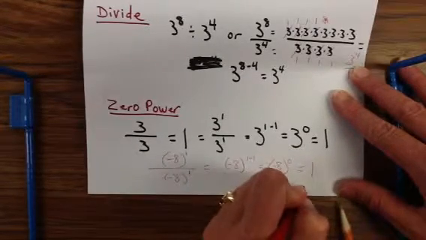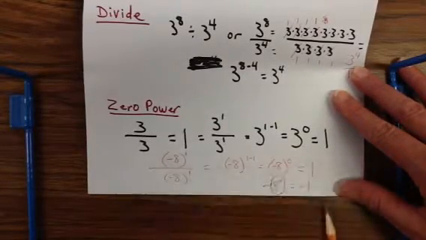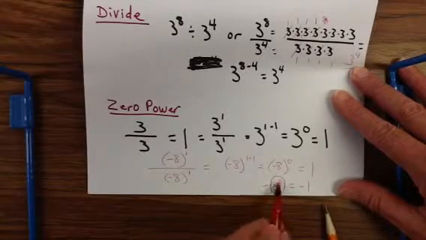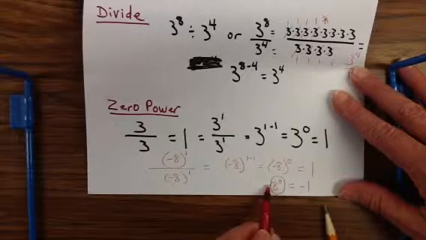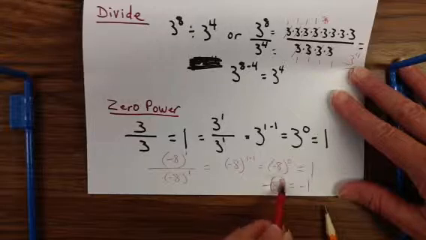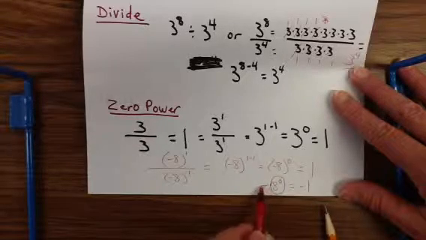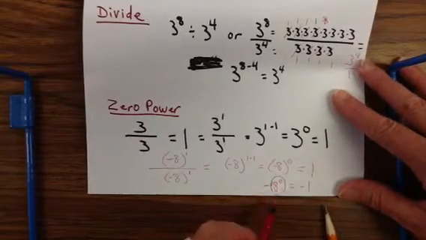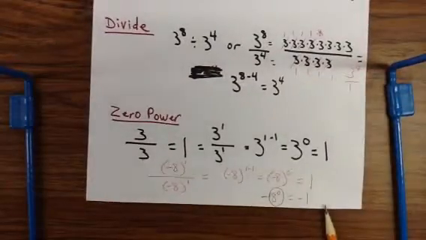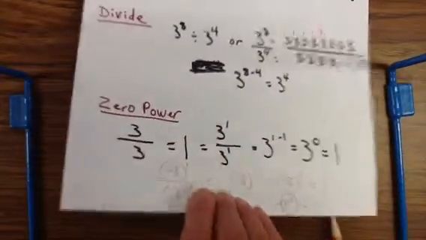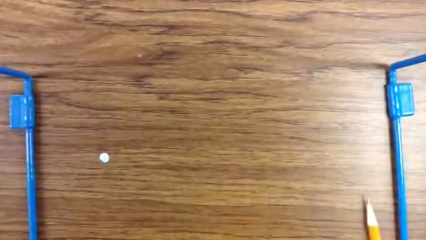So it's going to be a negative 1. That 0 power goes only with the number, and whatever this is, it will remain a negative. So it's negative 1.